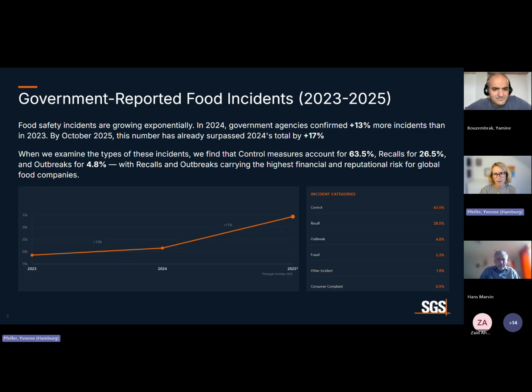In 2024, we confirmed 30% more incidents than in 2023, and by October 2025, this number has already surpassed 2024's total by 17%.